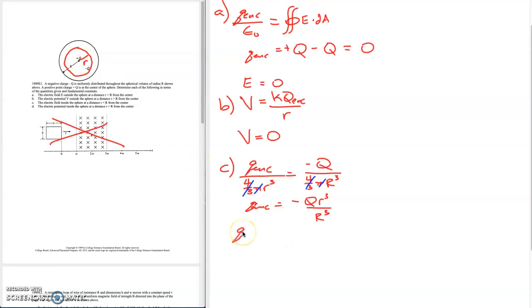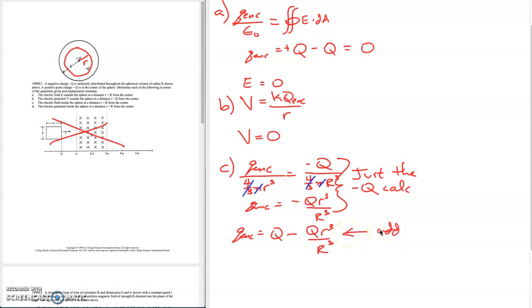So Q enclosed actually is going to be the plus charge at the center and then the ratio of the negative charge and ratio of the r cubed here. So this is just the negative Q calculation because now we have to add in the plus Q from the center.